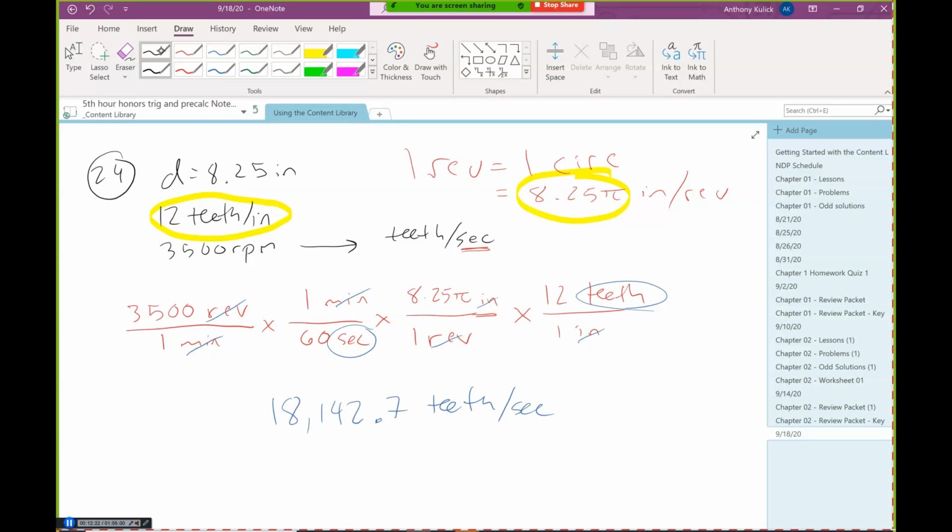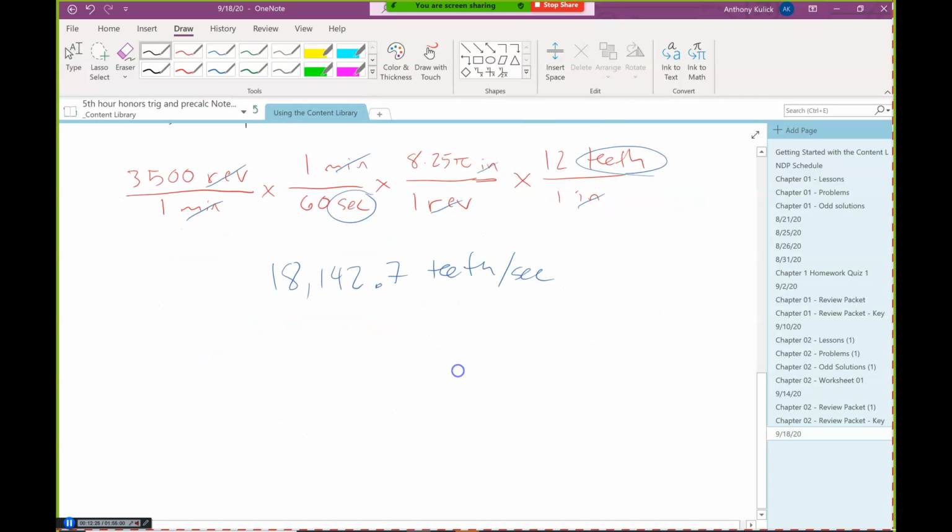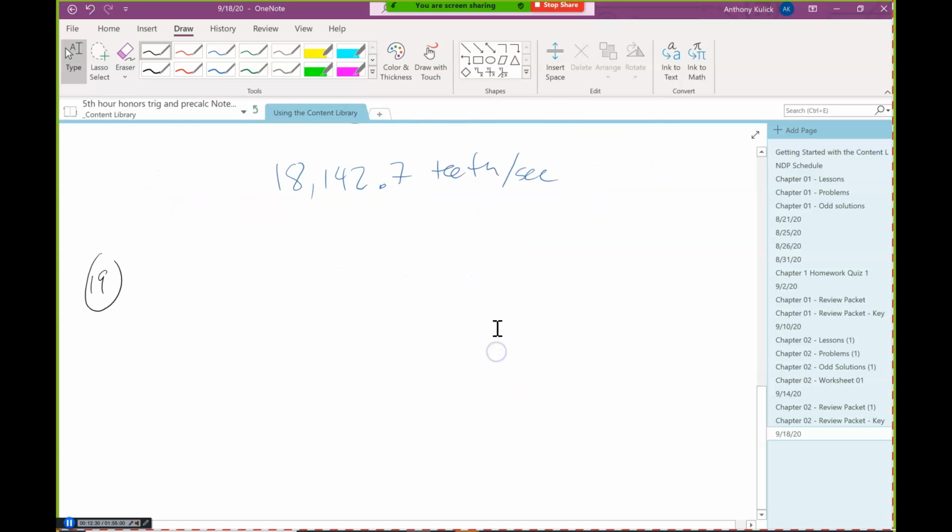Haley. 19? Sure. So we have another one with 2 concentric circles. So I'll generate my picture here. What's going on here, picture?